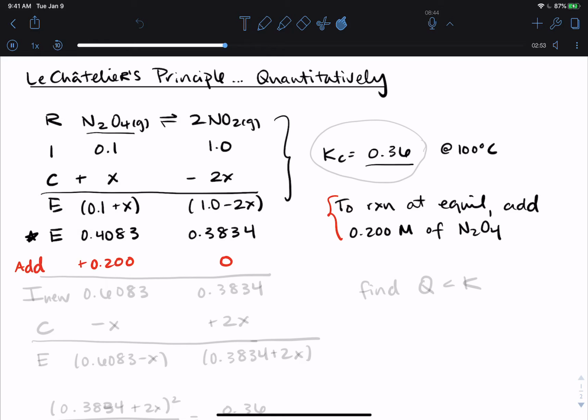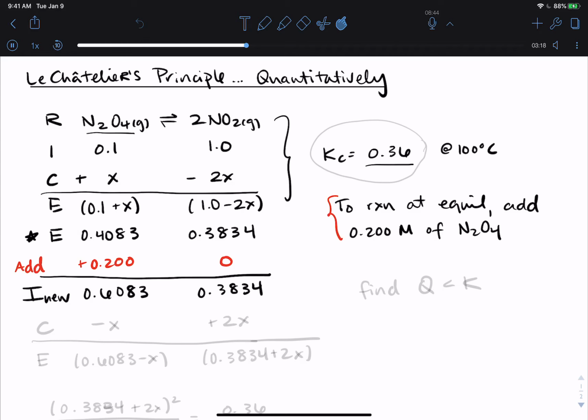And when I do this, before anything happens, my reaction has 0.6083 and 0.3834. So I'm going to call this I new, a new set of initial conditions.